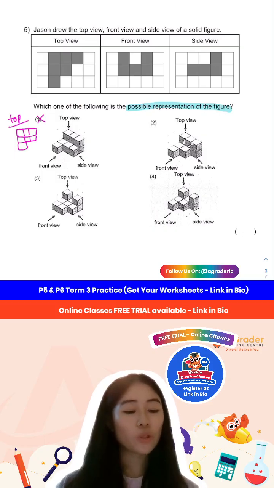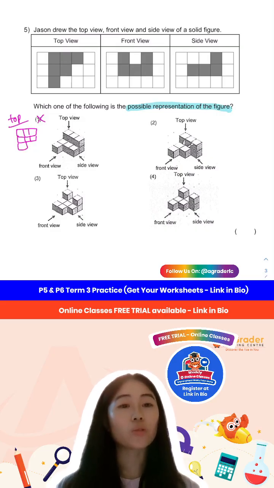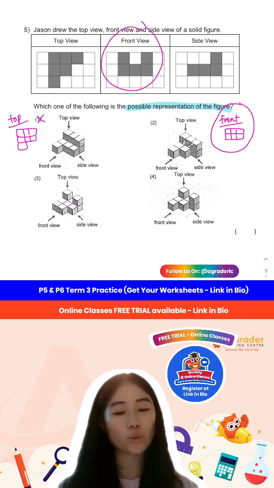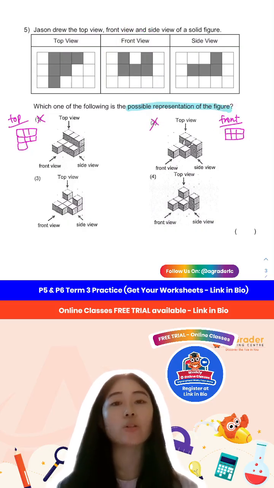For option 2, the top view is correct, but the front view is wrong. The front view for option 2 looks something like that. Again, you can see that it doesn't match. So option 2 is also not correct. You can cross it out.